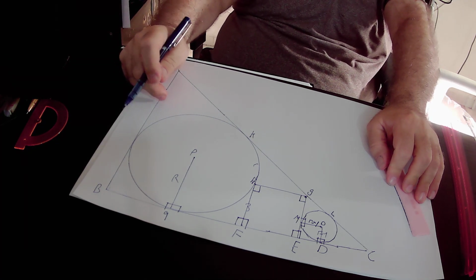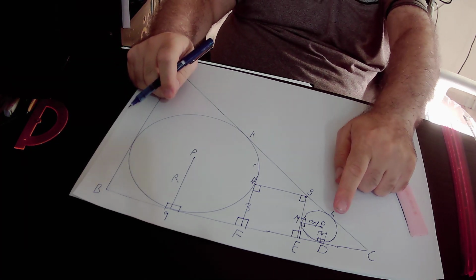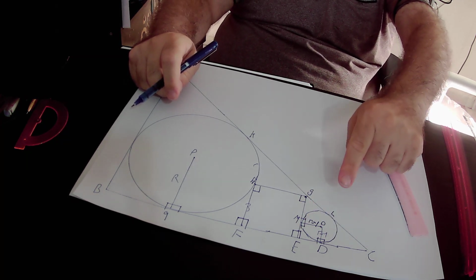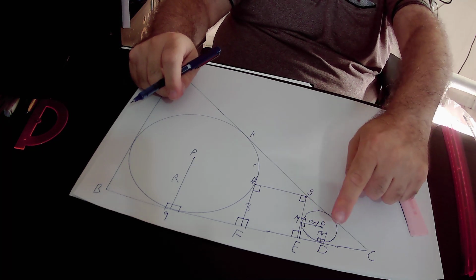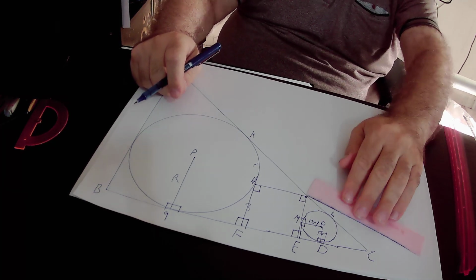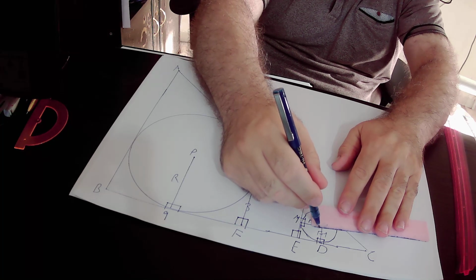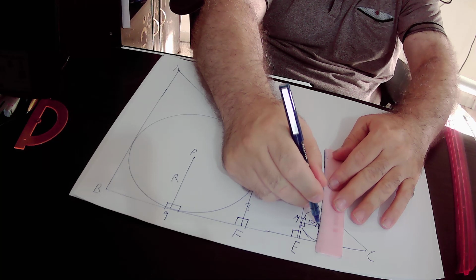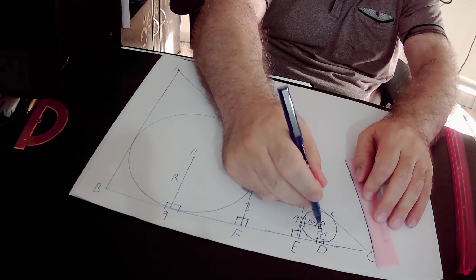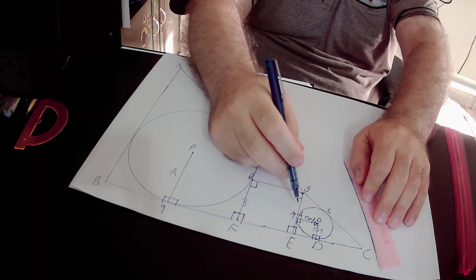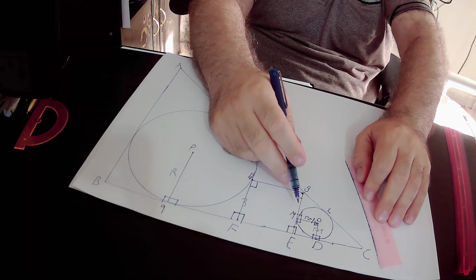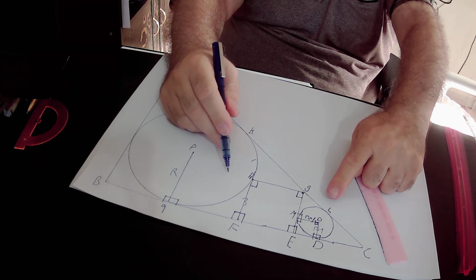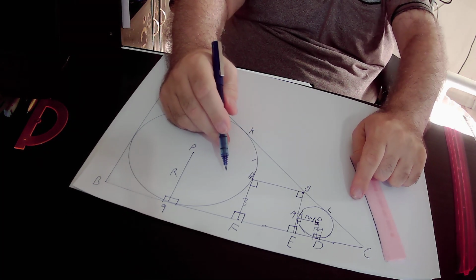So inside quadrilateral OMED, we have 1, 2, 3 right angles, therefore the fourth angle must also be equal to 90 degrees, according to the rule that the sum of the angles in any quadrilateral is equal to 360 degrees. In order to complete the sum of the angles in this quadrilateral to 360 degrees, this angle must be equal to 90 degrees. So inside quadrilateral OMED we have 4 right angles.